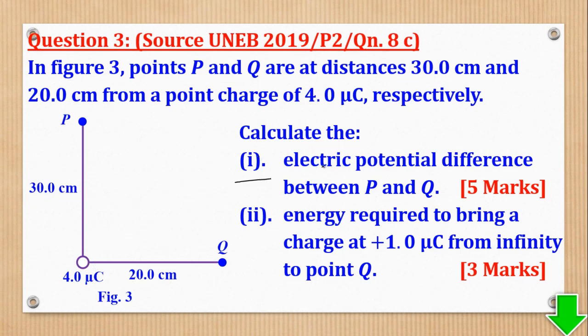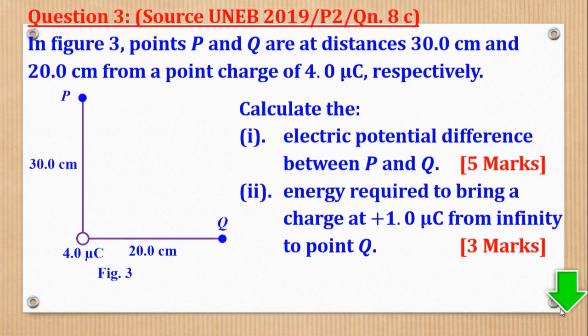Calculate Roman 1, the electric potential difference between P and Q. Then Roman 2, the energy required to bring a charge of positive 1 microcoulomb from infinity to a point Q. So let's start with Roman 1, the electric potential difference between P and Q. Potential difference means you have to get the electric potential at P and also at Q, and you subtract the two.